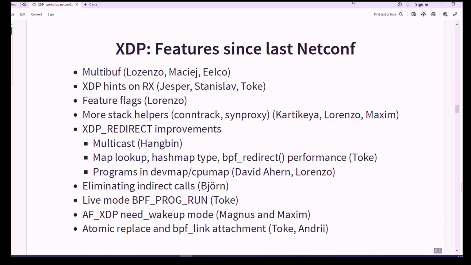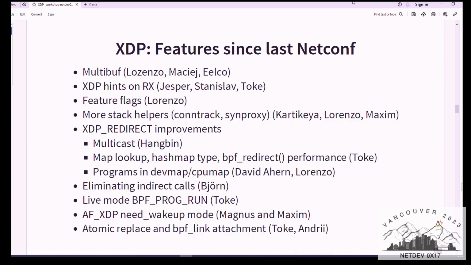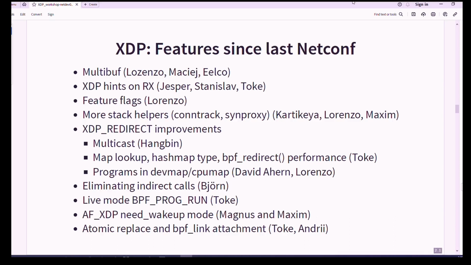Then there's more performance work on eliminating indirect calls. We have a live mode in BPF prog run, which is used in the XDP-based traffic generator that's in xdp-tools. We have this AF_XDP need wakeup mode for user space applications that want to busy poll.